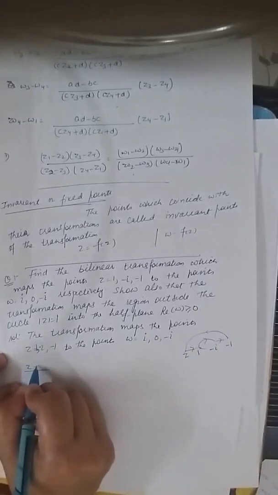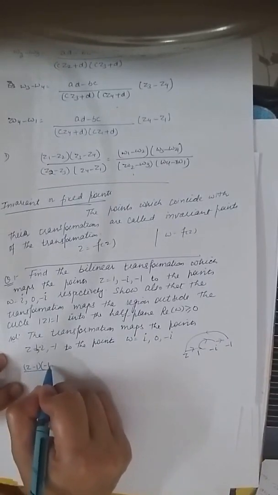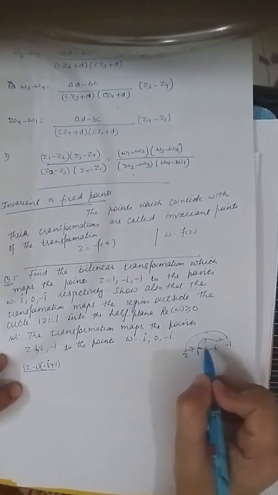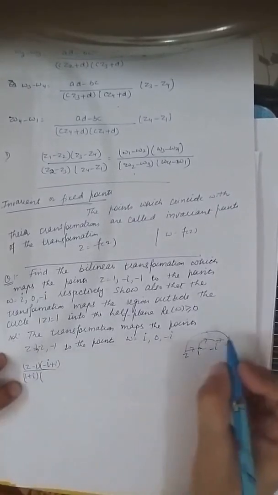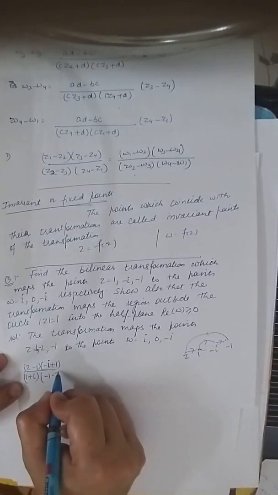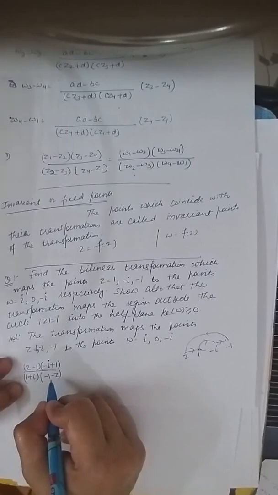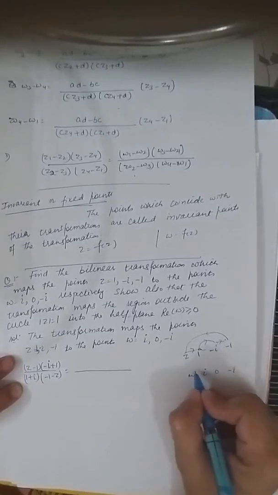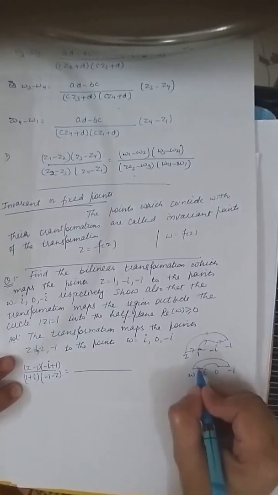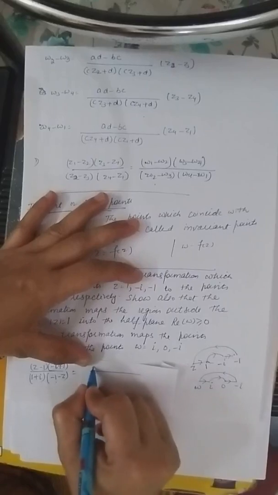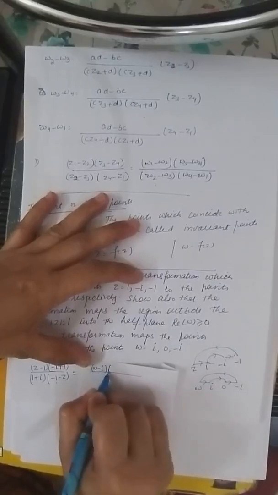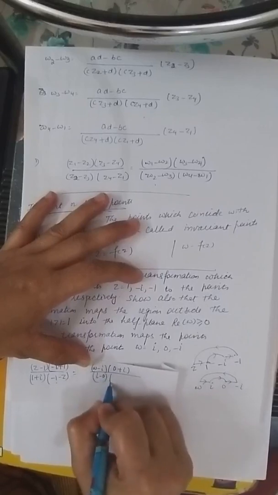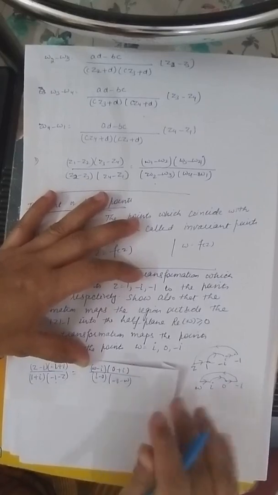From here you will get z minus 1 into minus iota plus 1 divided by 1 plus iota, into minus 1 minus z, equal to, the other is w, iota, 0, minus iota, equal to w minus iota into 0 plus iota divided by iota minus 0 into minus iota minus w.